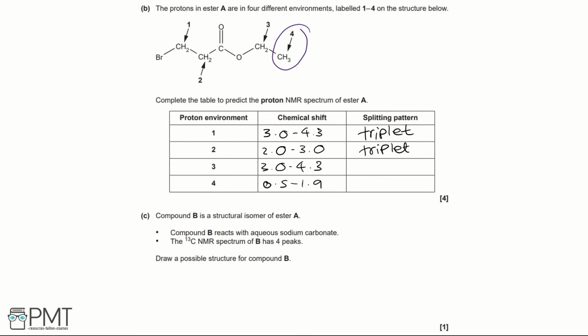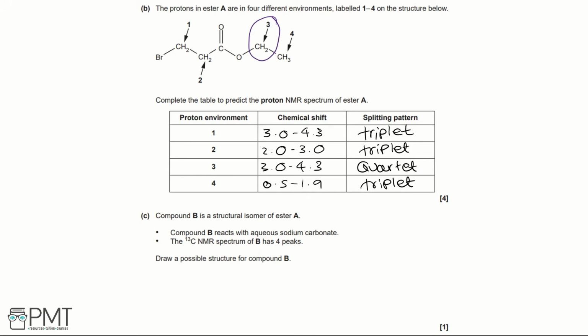There are 3 hydrogens involved in proton environment number 4, so for proton environment number 3, we would have a quartet splitting pattern because we're adding 1 to 3. And finally, looking at proton environment number 4, next to proton environment number 3, there are 2 hydrogens involved, and so we're going to have a triplet splitting pattern produced for proton environment number 4.